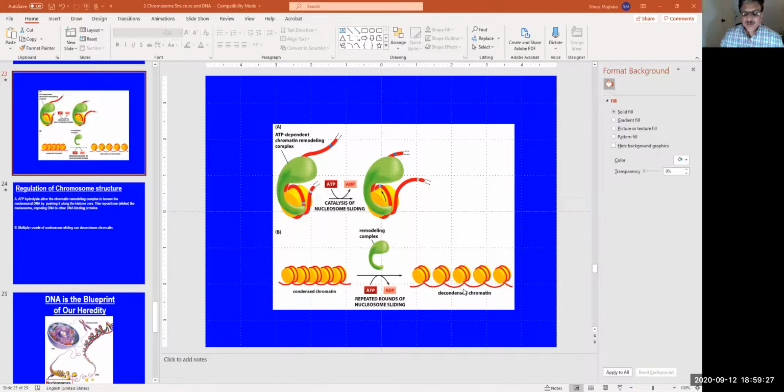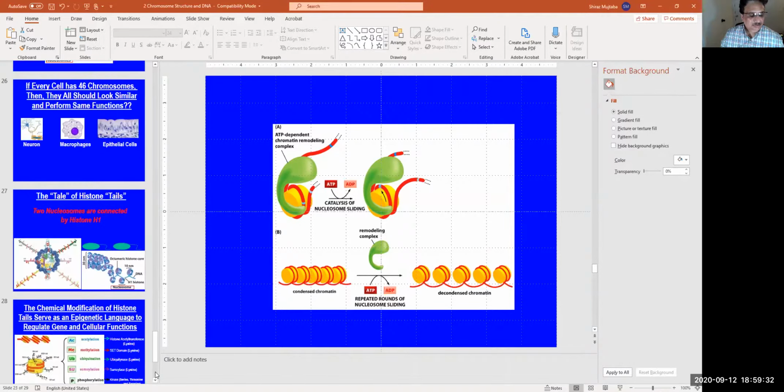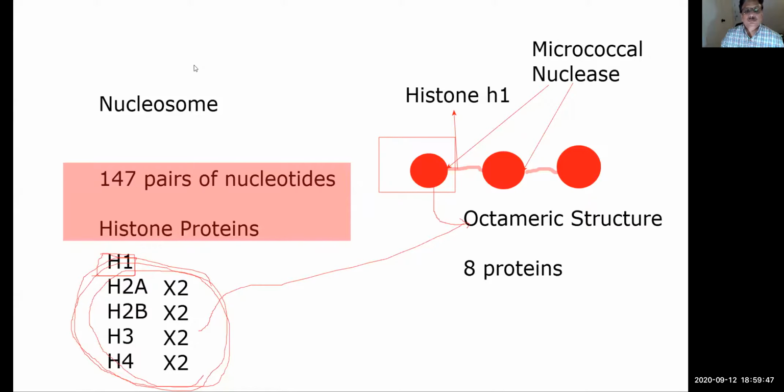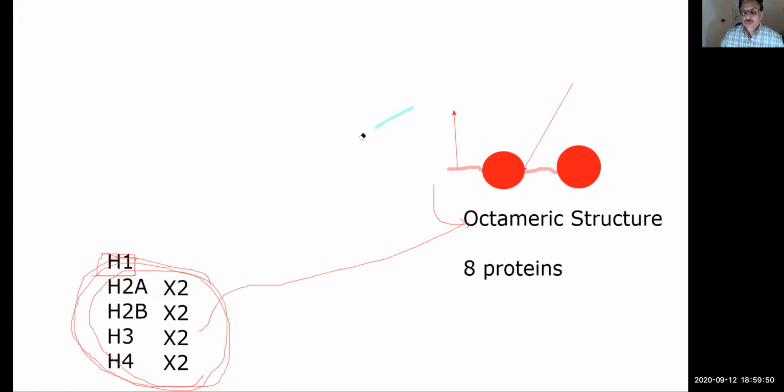So now there are other factors that help the chromosomes to transit between heterochromatin and euchromatin. So I will go to the slide share. I mentioned to you one of the proteins that helps to convert heterochromatin to euchromatin is the ATP remodeling complex.